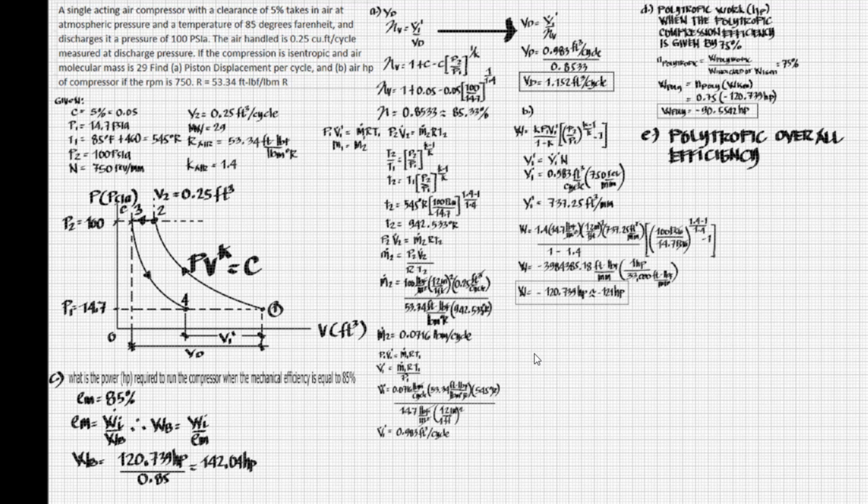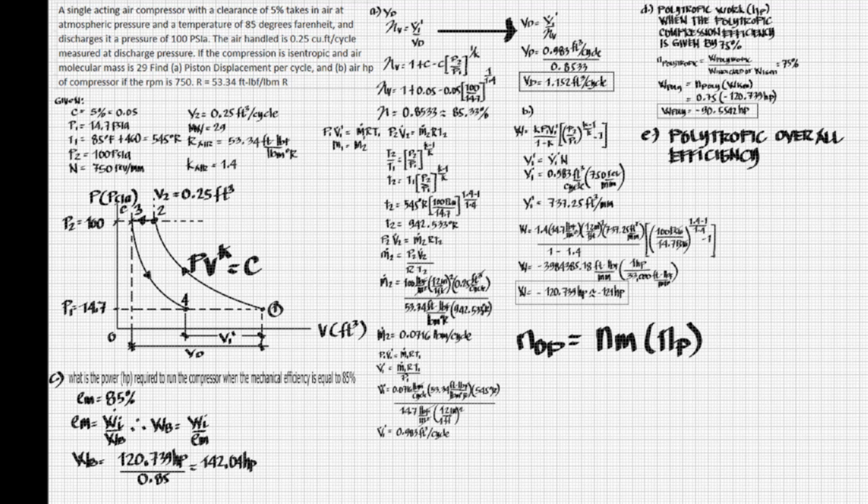Now for the overall polytropic efficiency, we have the equation that will be NOP. That symbolizes the overall polytropic efficiency, which is equal now to your mechanical efficiency times my polytropic efficiency NP. Okay, which is what we got earlier, that will be NP.